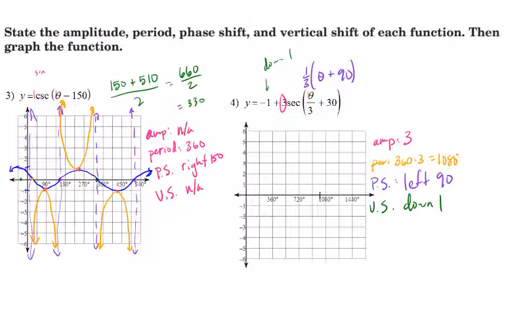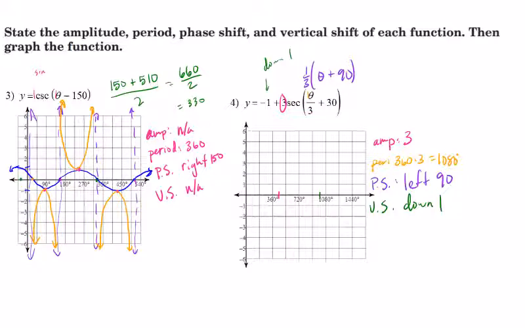All right, and then, so 1080 minus 90 is 990. And so half of 990 would be 495. So 495 is somewhere here. Okay.